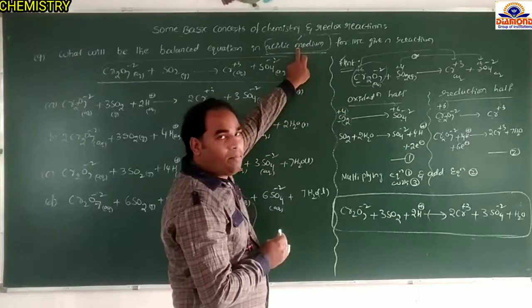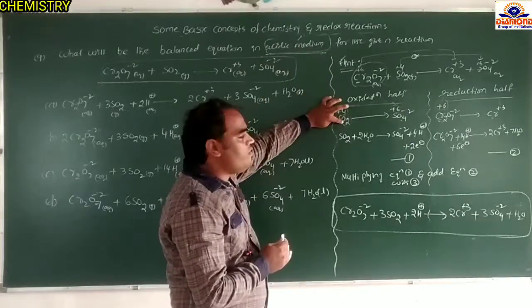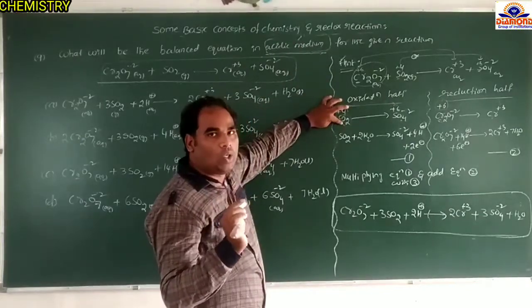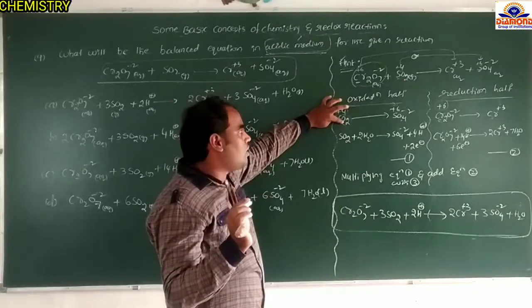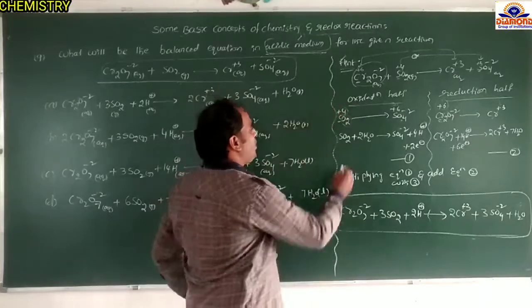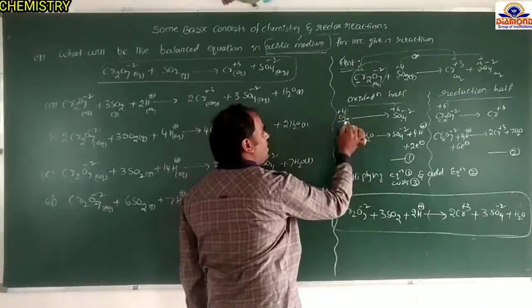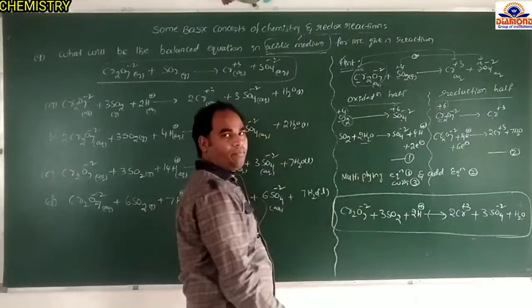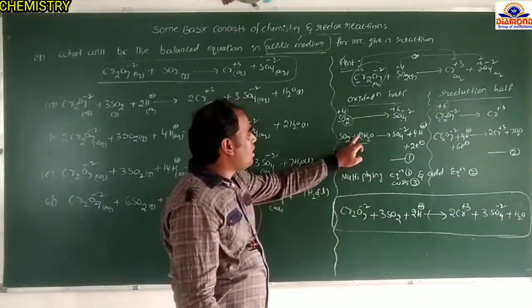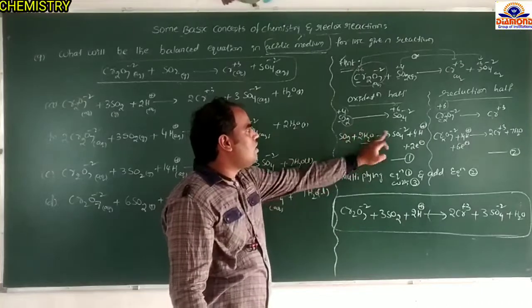Therefore, in acidic medium, we have to add water molecules. Here 2 oxygen, there 4 oxygen, so 2 oxygens are less. Therefore, 2 water molecules are to be added. So, 2 oxygen plus 2 oxygen is 4 oxygen here, and 4 oxygen there.